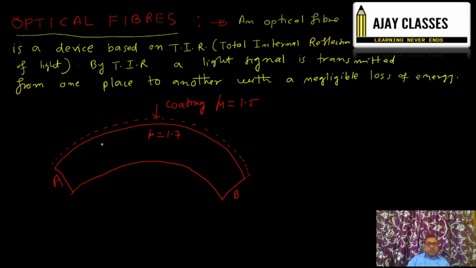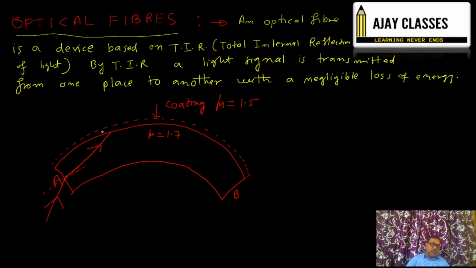Now, how the ray or the signal enters at the point A, we just draw a normal and the incident signal enters the optical fiber through the A end and it gets refracted because density is more, so the signal bends inwardly toward the normal.